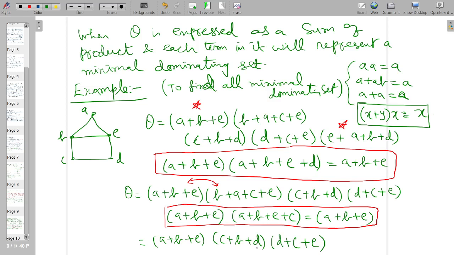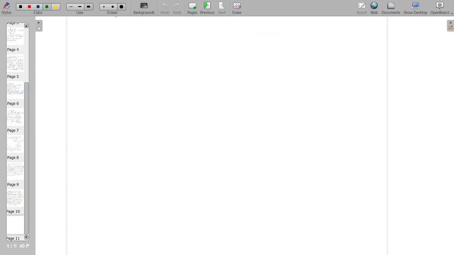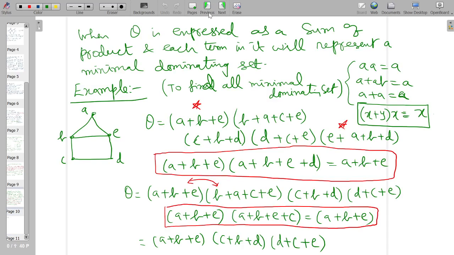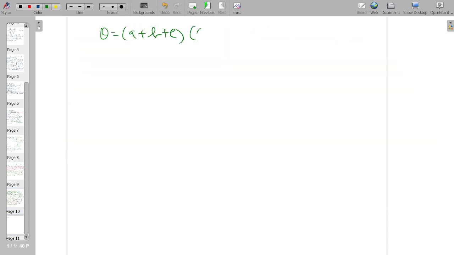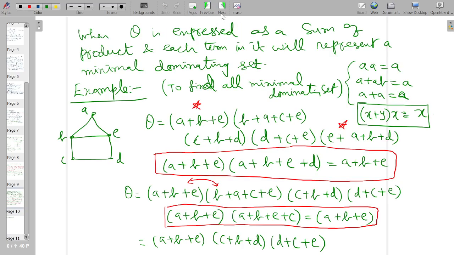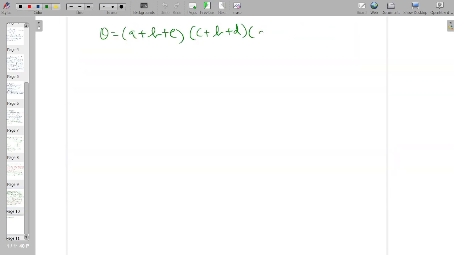So that gets reduced to 3 terms. Now let me write this. Theta is equal to (a plus b plus e), (c plus b plus d), and the next term was (d plus c plus e).